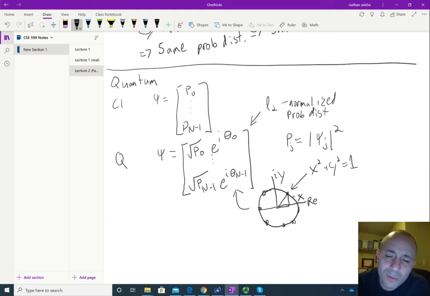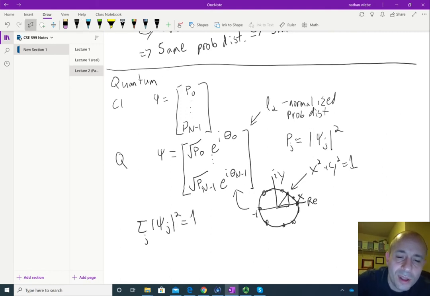It's the equivalent of a sign that we have here. For real numbers, we would only have 1 and minus 1, which are these 2 points on this side. But in general, in quantum theory, we're allowed to have anything we feel like. It's just that the sum of the squares has to be equal to 1. In particular, the sum over j of the absolute value of the jth component of psi, squared, equals 1.